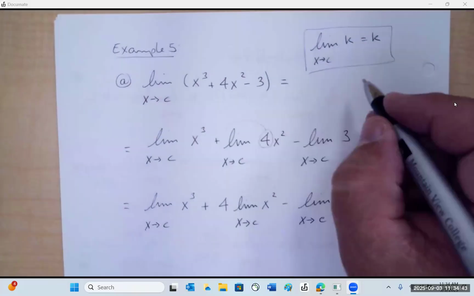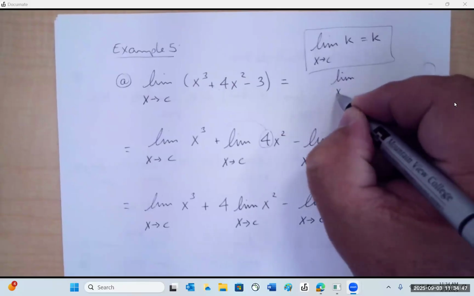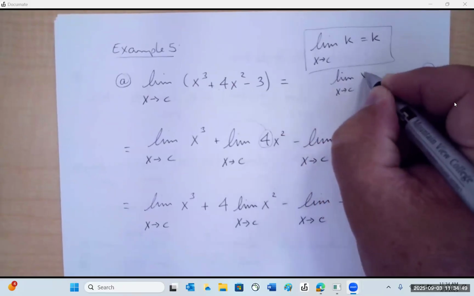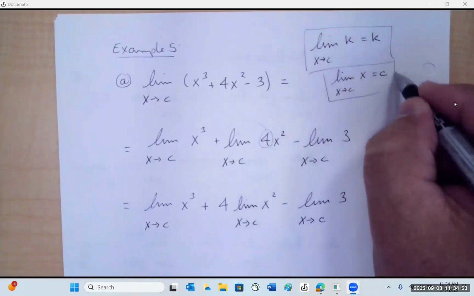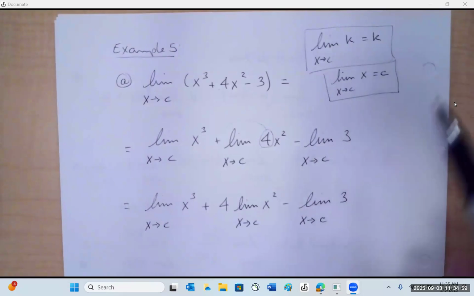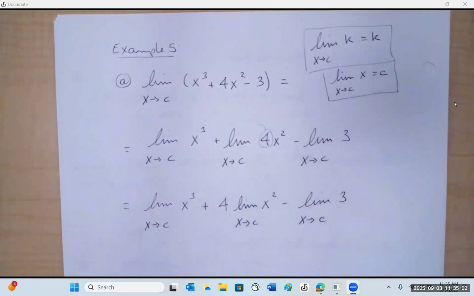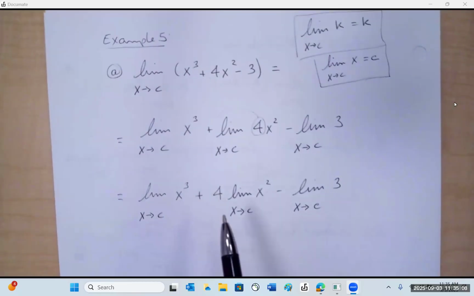We have the two basic properties: the limit as x approaches c of a constant is that constant, and the limit as x approaches c of x is c. These are the two rules we're going to live by. So in the first one, what property do we use here? The power rule.